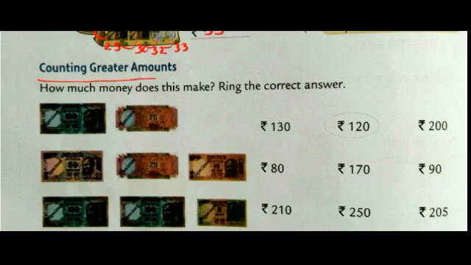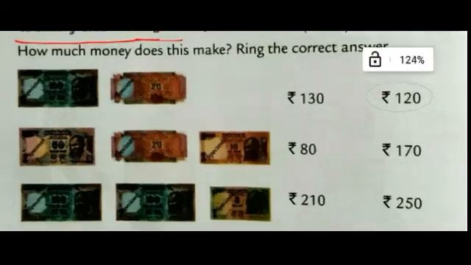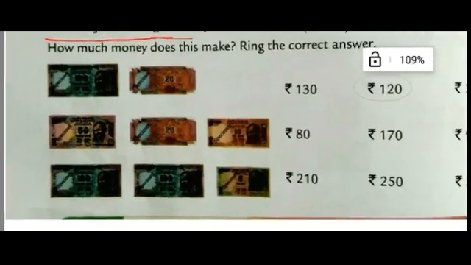Counting greater amounts. Now we will learn how to count greater amounts. How much money does this make? Ring the correct answer. Okay, so let's see this. First one is already done. We will start from the second one. We have a 50 rupee note, 20 rupee note and 10 rupee note. How much is this?